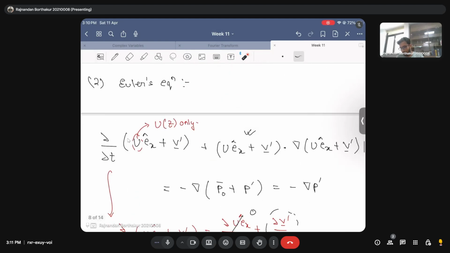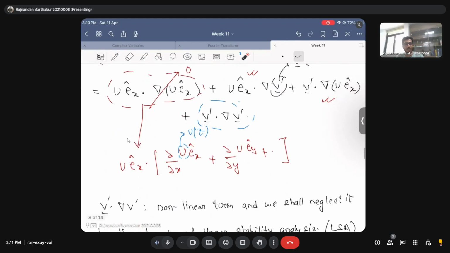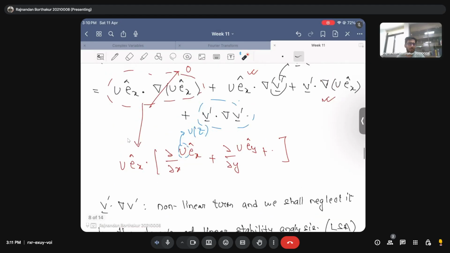Similarly, we wrote the Euler's equation, and in the regime of linear stability analysis, we neglected the non-linear terms in the perturbations. For example, terms like v prime dot gradient of v prime are non-linear terms, right? Since the magnitude of the perturbations is less than the magnitude of the base flow, in that paradigm we can neglect the nonlinear terms present in the equations, for instance in this Euler equation.